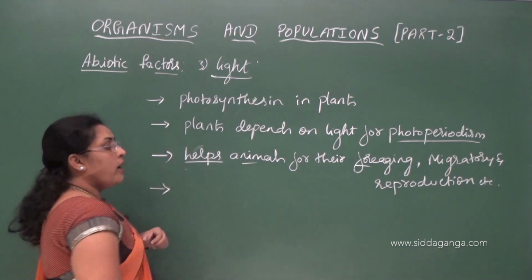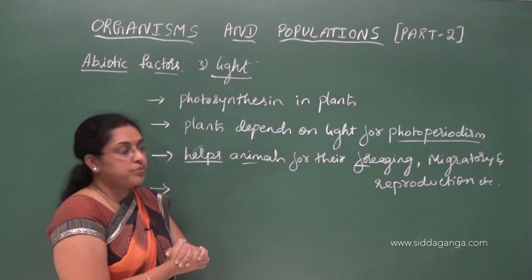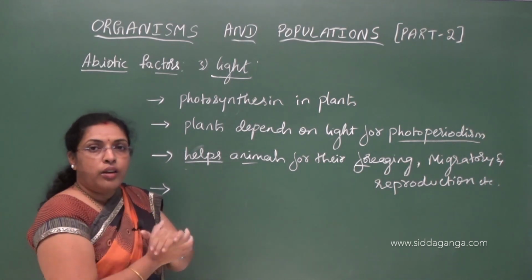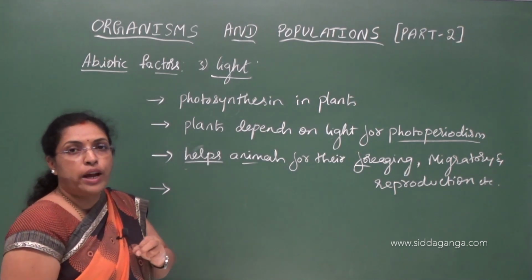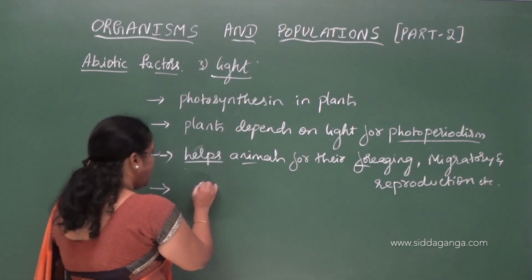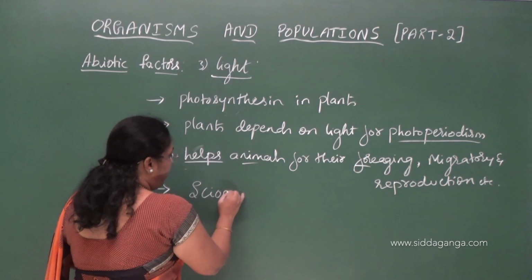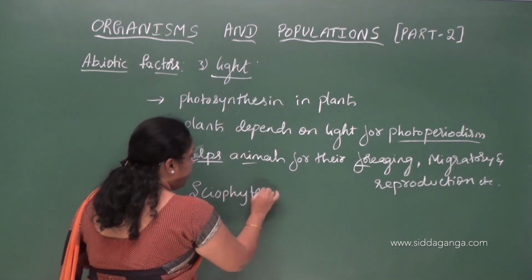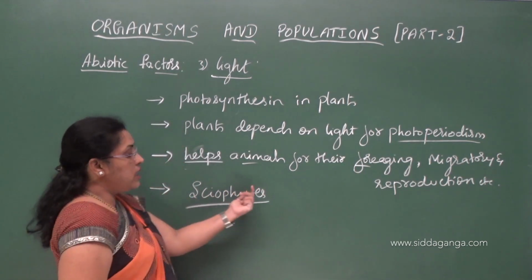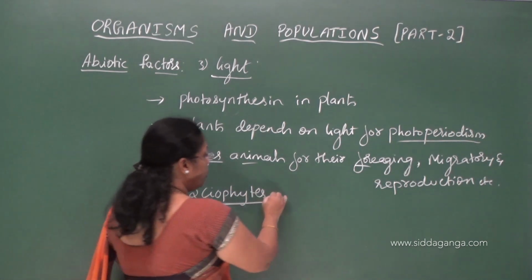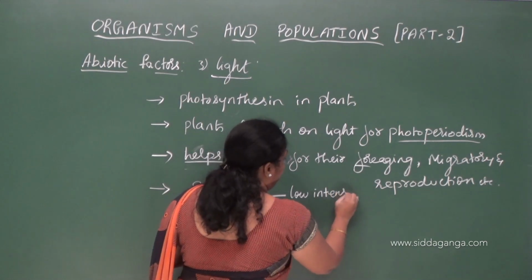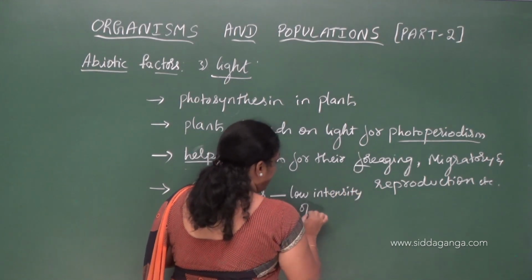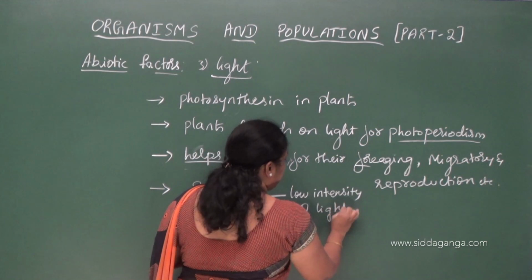And some plants are able to live in very shallow areas by using low intensity of light for photosynthesis. They are called sciophytes. What are sciophytes? These are plants which utilize low intensity of light for photosynthesis.